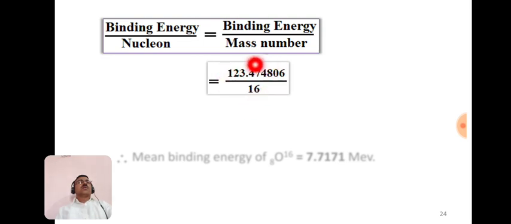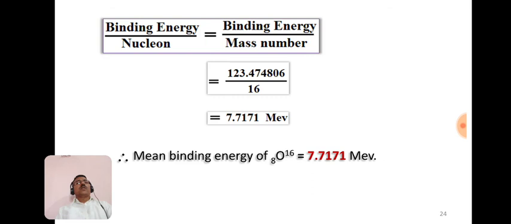So this ratio gives the mean nuclear binding energy, and its value is 7.7171 MeV. Therefore the mean binding energy of oxygen having atomic number 8 and mass number 16 is equal to 7.7171 MeV.